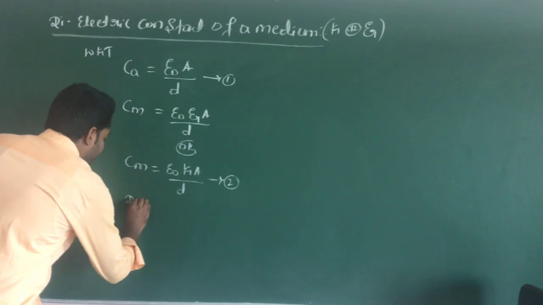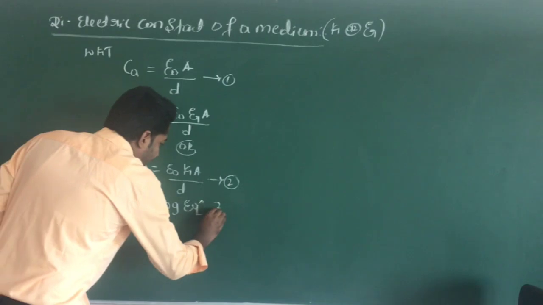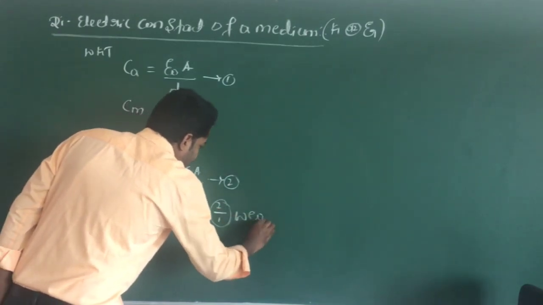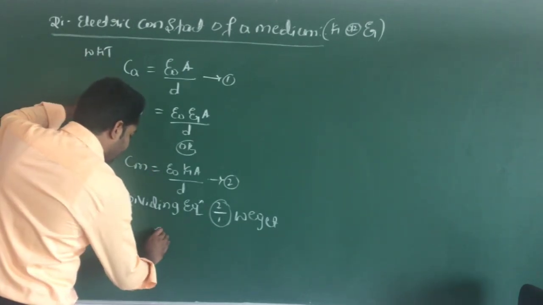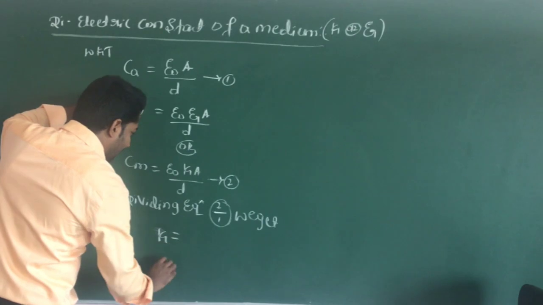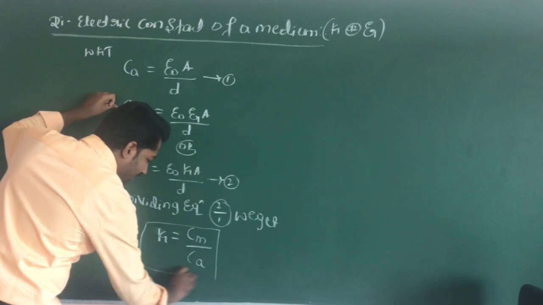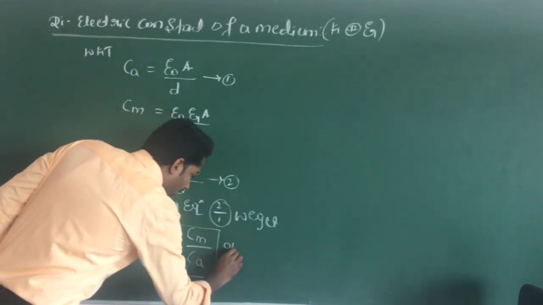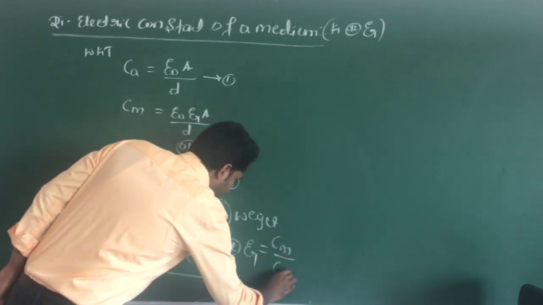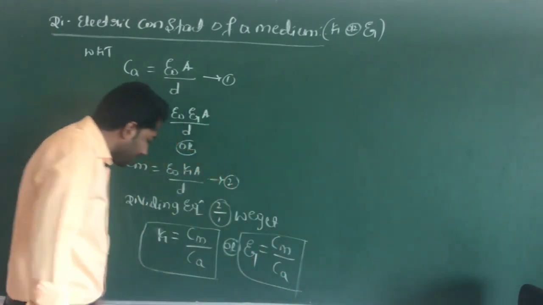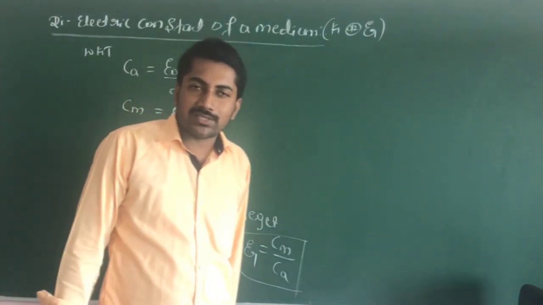Dividing equation 2 by 1, we get K is equal to Cm divided by Ca, or you can also write epsilon r is equal to Cm divided by Ca. Here, which is the expression for the dielectric constant of a medium.